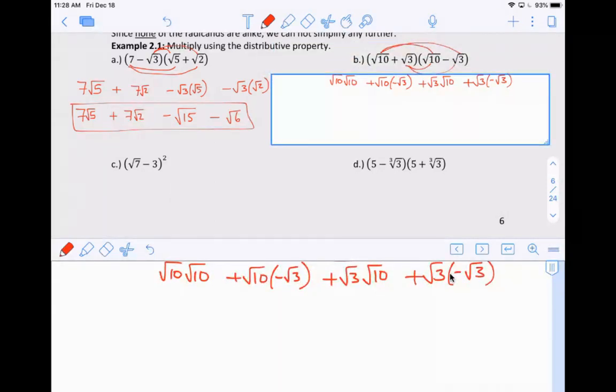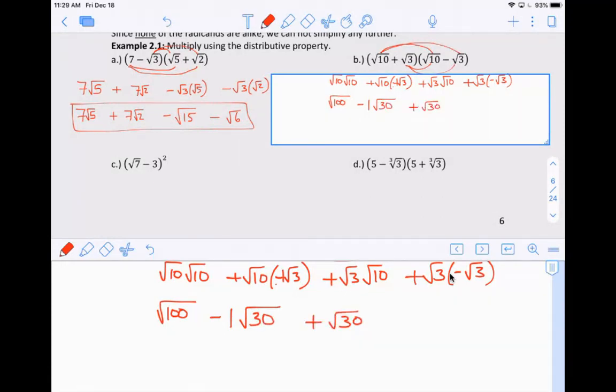Okay, going one step at a time, this changes to 100. That minus may be in front of that second one, but it is just acting as a -1 coefficient, which means I can sneak it out front and make this a positive 30. That one would be plus root 30. And this last one, again, this little negative could sneak out front, and I'd have square root of 9.